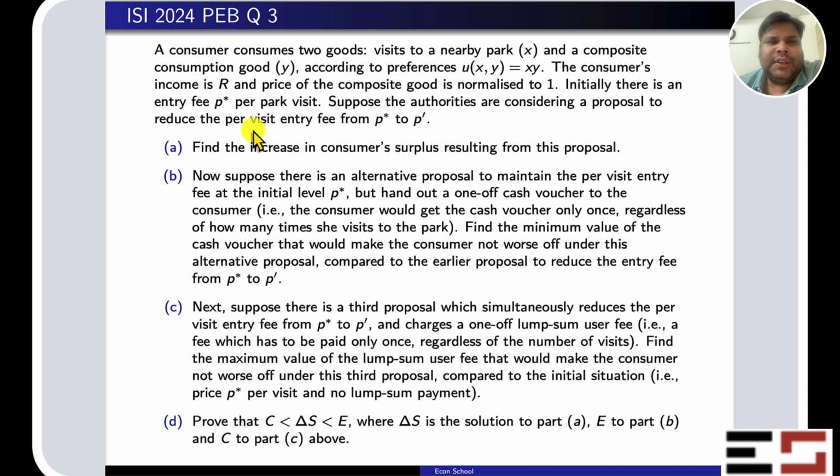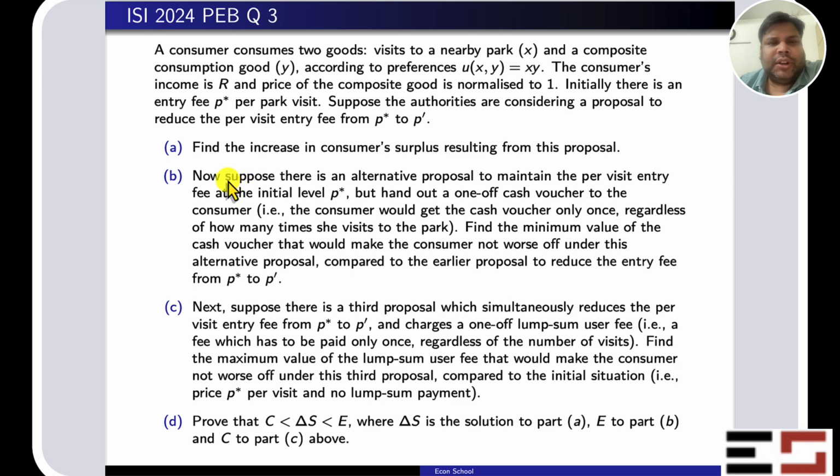The proposal involves reducing the price of park visits from P star to P prime, so that would naturally lead to an increase in consumer surplus, and we have to figure out how much is the increase in consumer surplus from this particular proposal.